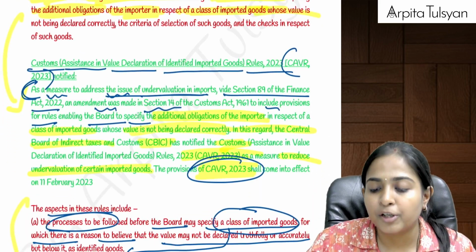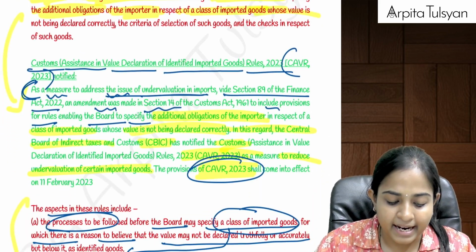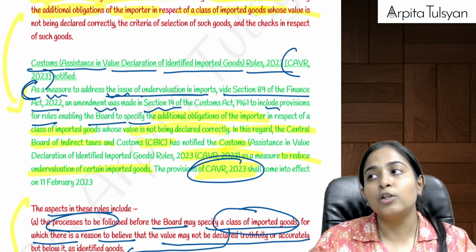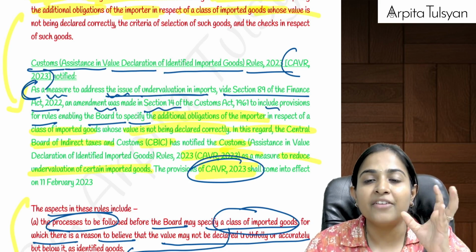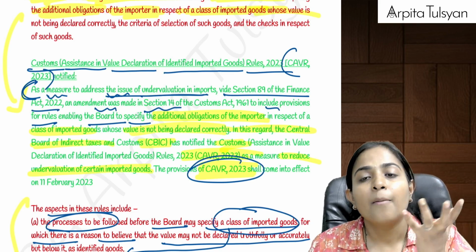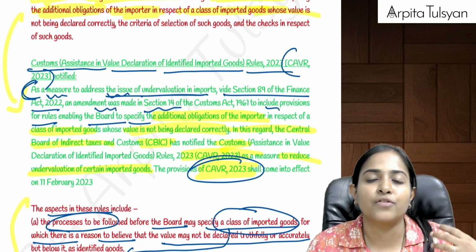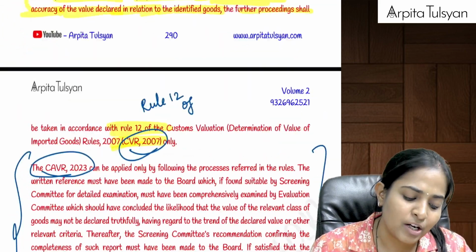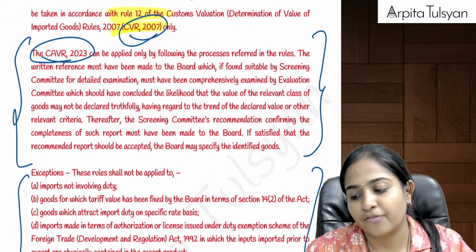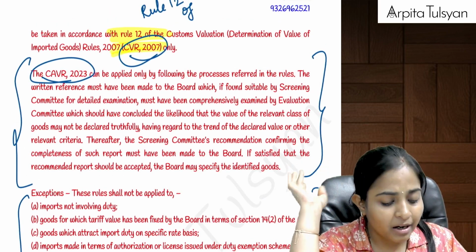In these rules they had told that if the CBIC is of the opinion that you are dealing in such category of identified imported goods in which there can be a probability of undervaluation, then there will be some additional obligations put on the importer to justify the value of the goods. And if the officer is still not satisfied with the value, then the valuation will be done as per the normal valuation provisions, rule number 12.